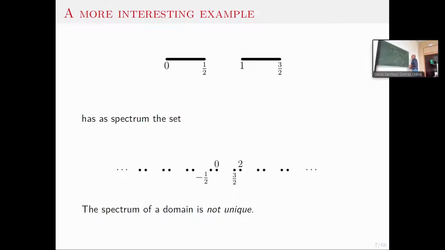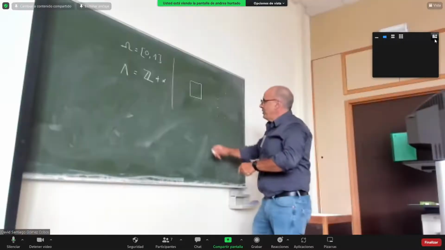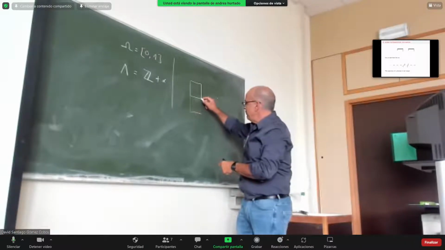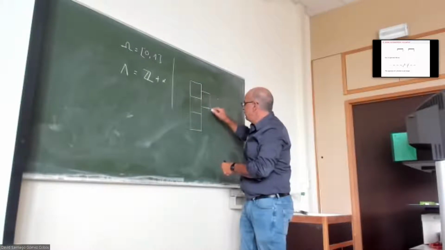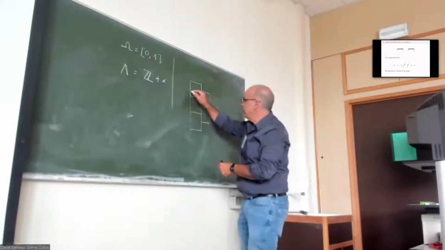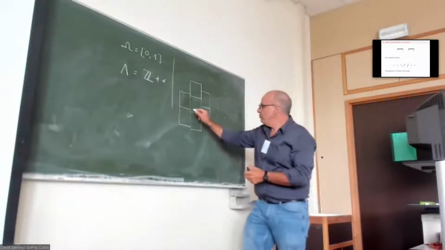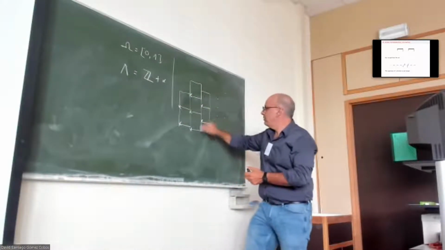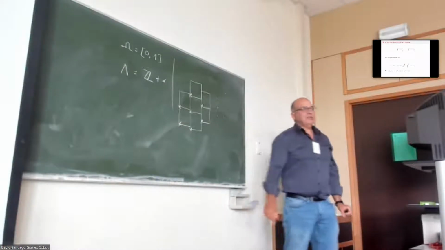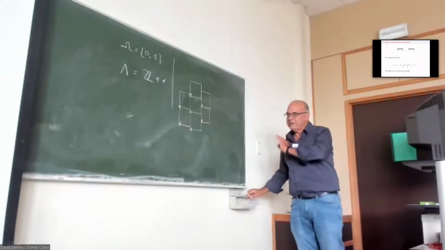It is proved that if you can form any tiling of space, and I will explain later in more detail what tiling is, any tiling of space by this domain, like this one, take any such tiling and pick those points, the lower left corner of every copy. It can be proved that this is a spectrum. And every spectrum is actually of that type. Okay, this is non-trivial, but just as an example.